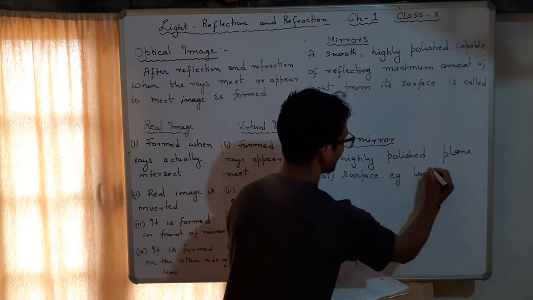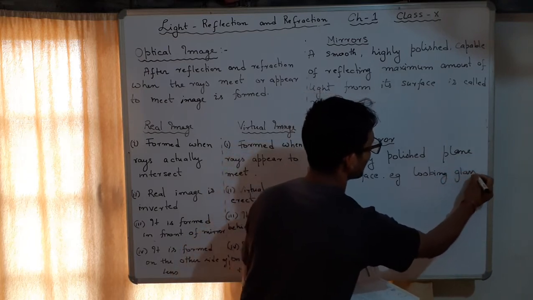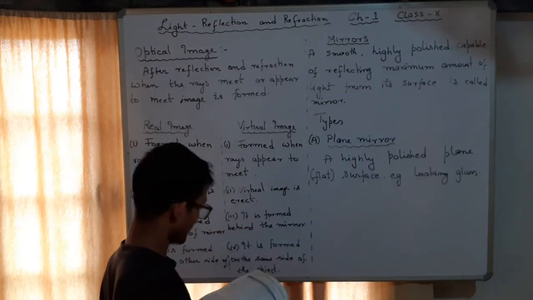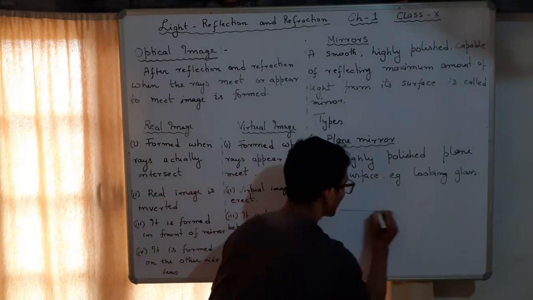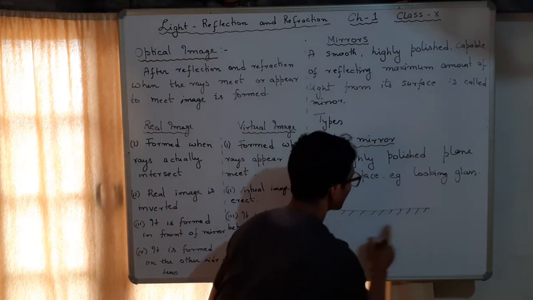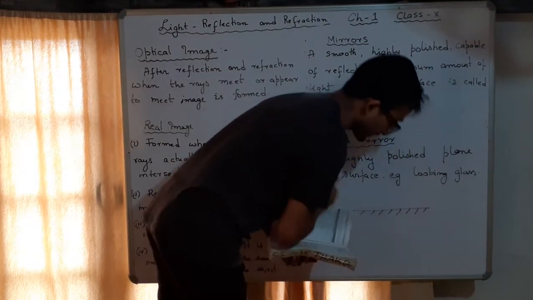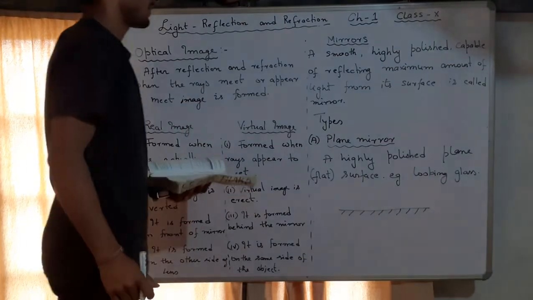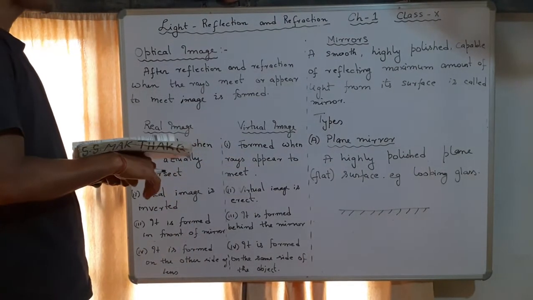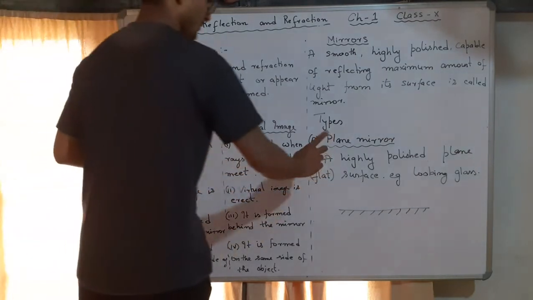Example, looking glass. Maybe what you see at home is looking glass. So a diagram will be like this. You will look into the mirror like this, from the top side. This is a plain mirror. Plain mirror's discussion will not be very much, because we are more interested in the second type. Okay, in B.